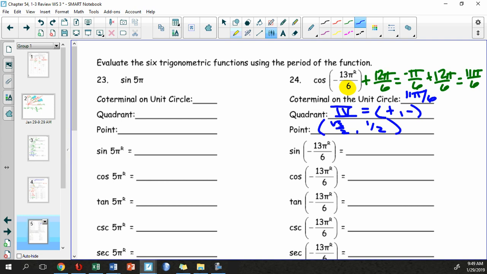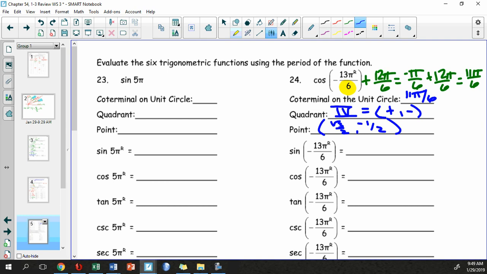However, which one is negative? The y value, which is going to be the half, is negative. Can I find all 6 trig functions now? Maybe I'll say this is the map y'all need to use. Backpack, backpack. Right? Do we understand this?